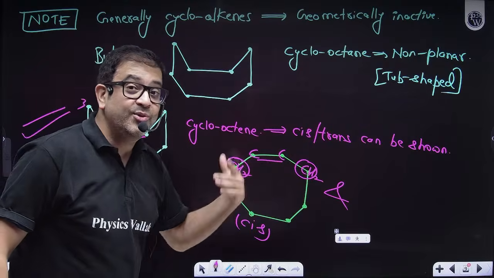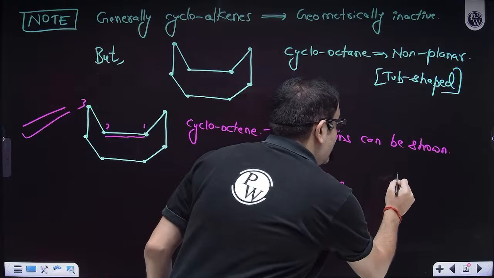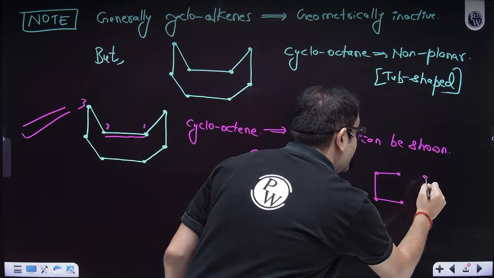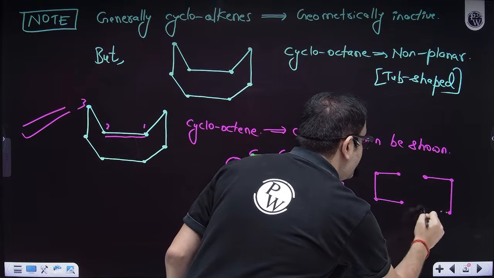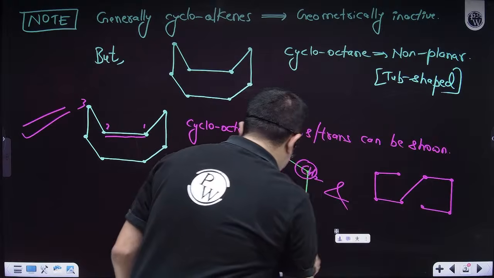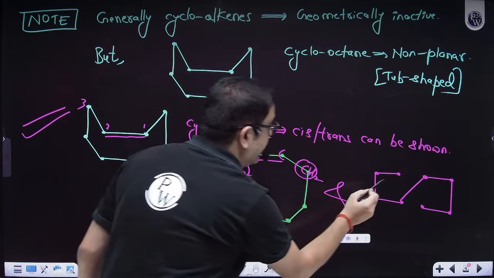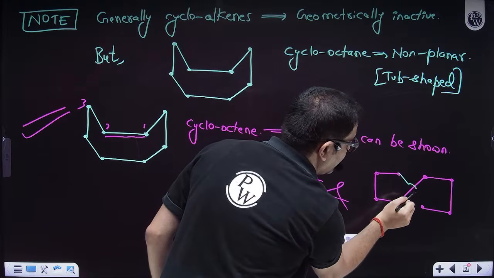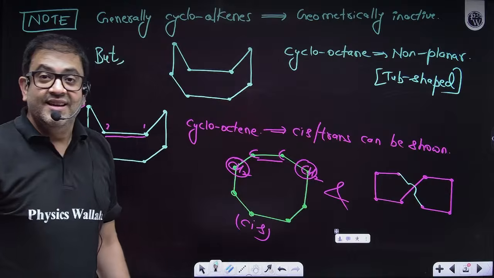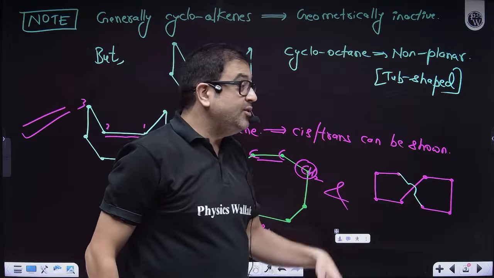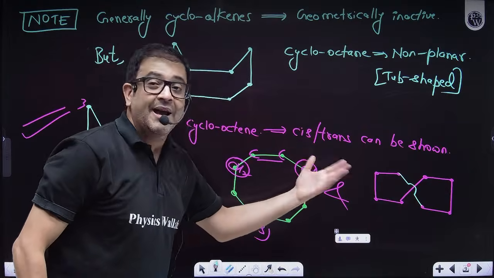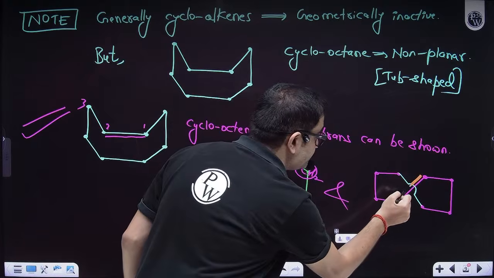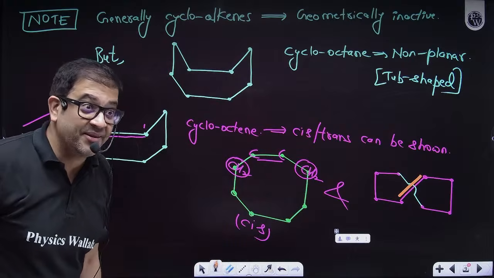Now, sir, how do you draw the trans form? Beta, just 1 carbon, 2 carbon, 3 carbon, 4 carbon here. So 1 carbon, 2 carbon, 3 carbon, 4 carbon here. Let's say this is connected. Obviously that will be connected from the back side or front, but I'm just showing that this is connected. Now, sir, where are you supposed to draw the pi bond? Beta, draw that pi bond anywhere. Let's say I'm drawing that pi bond here. So now rotation is restricted.